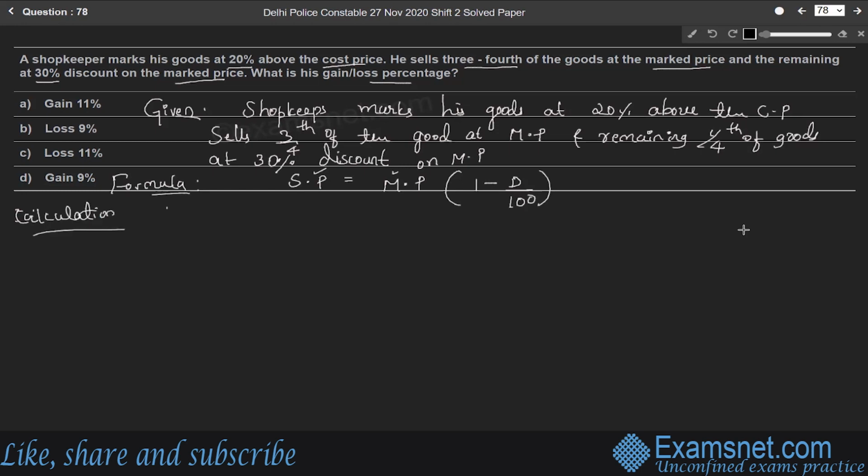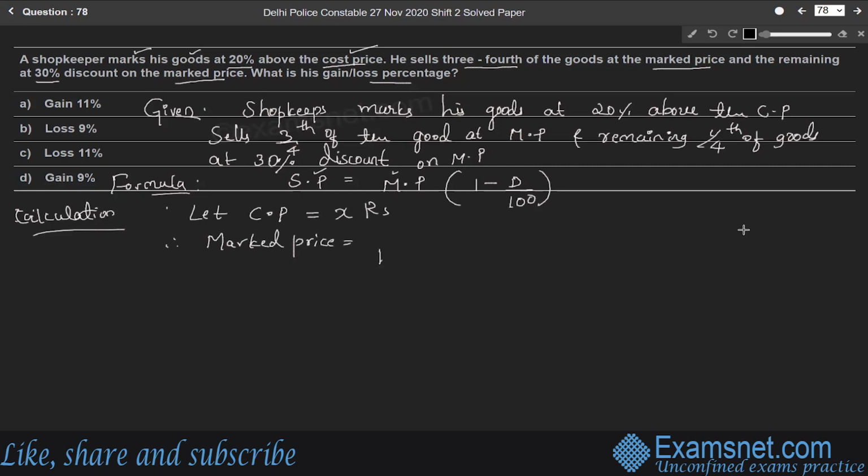Calculation. Here, let the cost price of his goods be X rupees. So let cost price CP is equal to X rupees. Then market price becomes, according to the question, he marks his goods at 20% above the cost price.